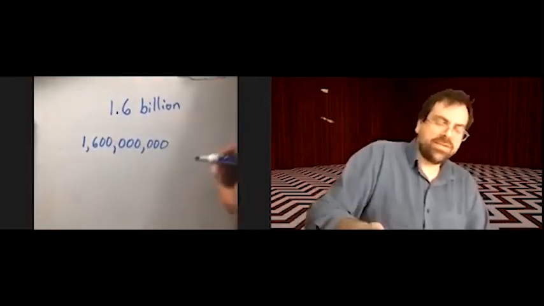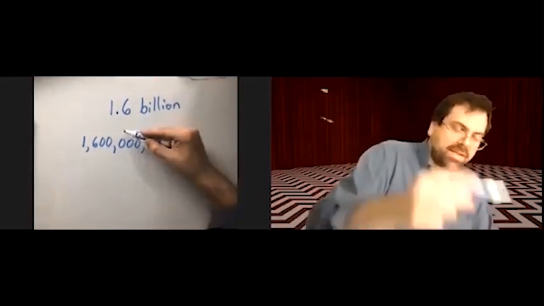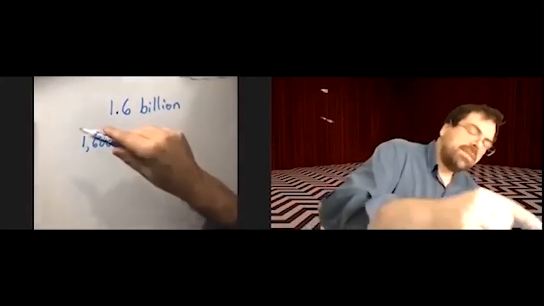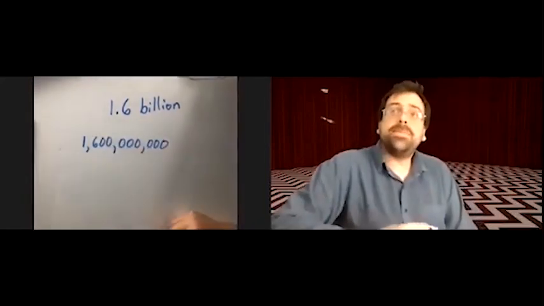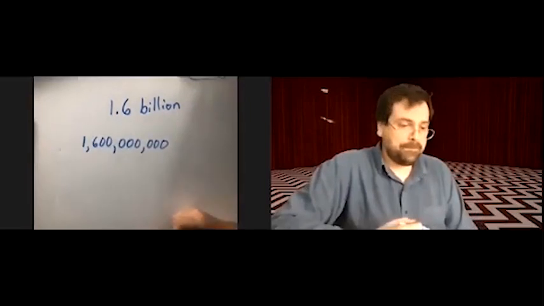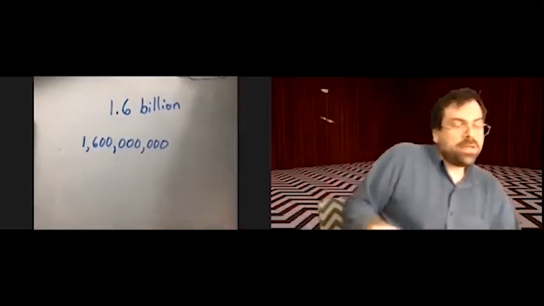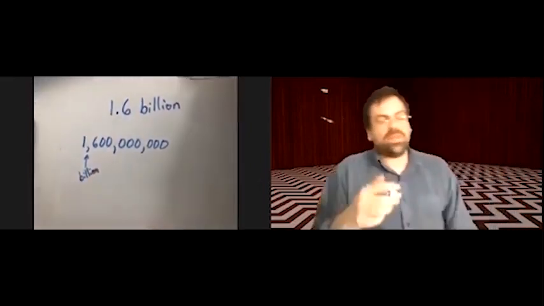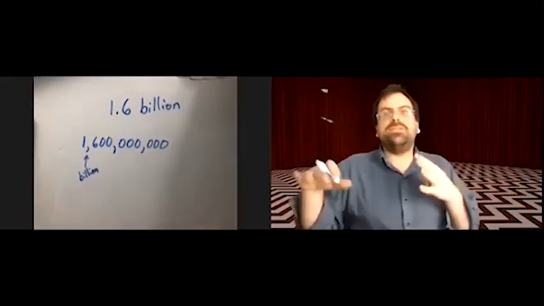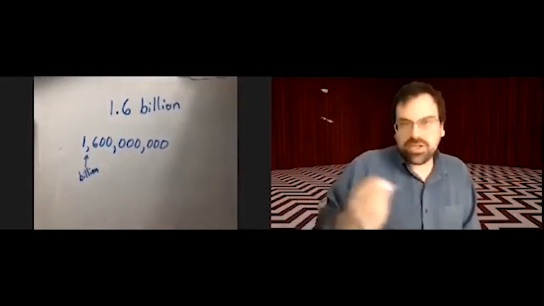1,600,000,000 is how you say this really long number, because this grouping is ones, tens, hundreds, thousands, 10,000s, 100,000s, millions, 10 millions, 100 millions. Since this first comma is a billion, if we replace it with the decimal point and erase all of the zeros at the end, we can just say that.